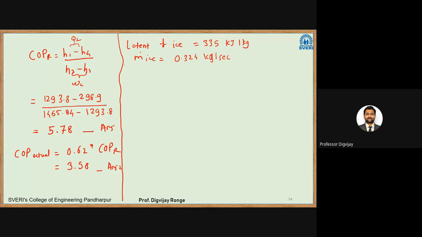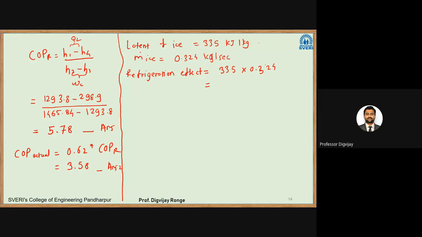So the amount of heat required to remove from ice, or we generally call it the refrigeration effect, or you can say the amount of heat required to extract, will be equal to this latent heat into the mass rate of ice. So 335 into 0.324. This will give you the value of refrigeration effect.